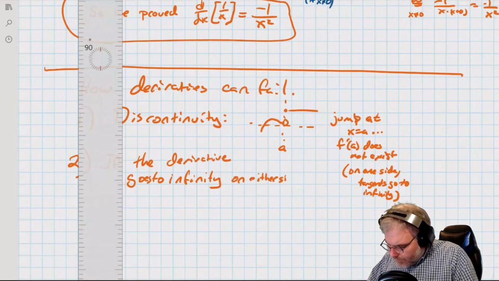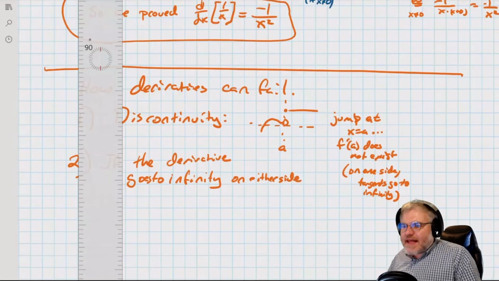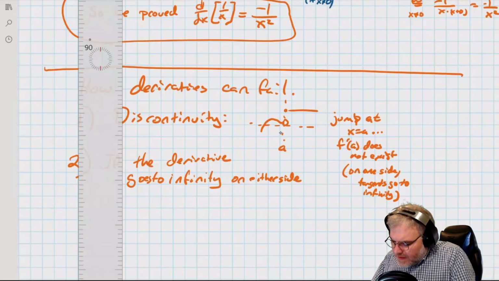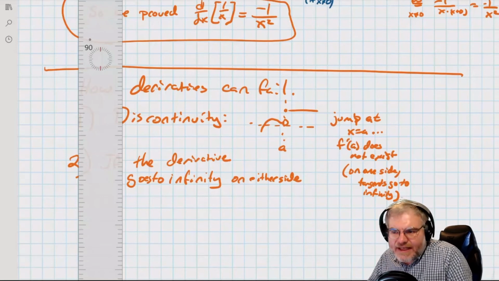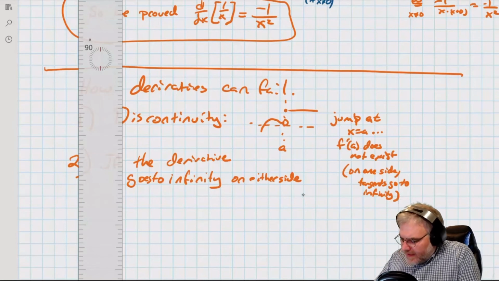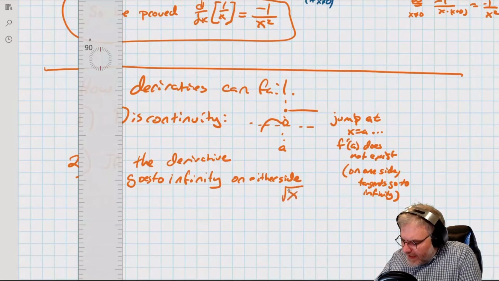Which is related to that one, right? This one is because of this, but we just categorize them separately because it's easier to think of them like that. And the famous one like this is the cube root of x.